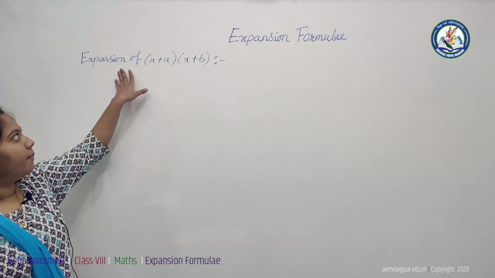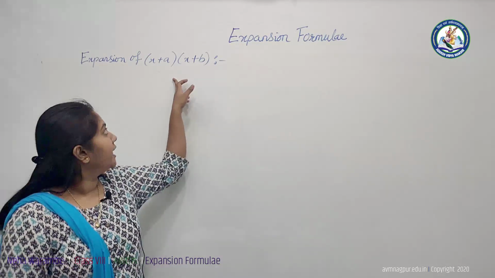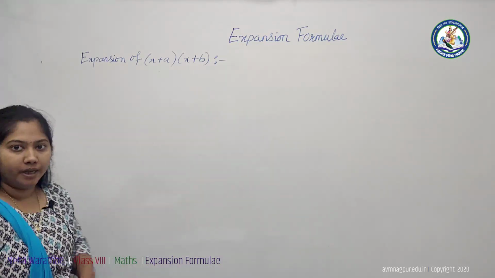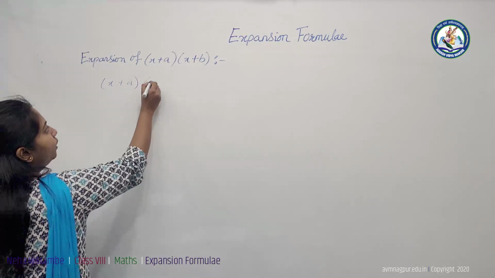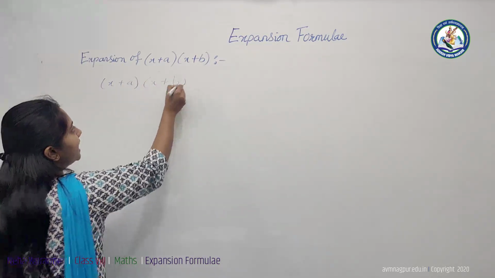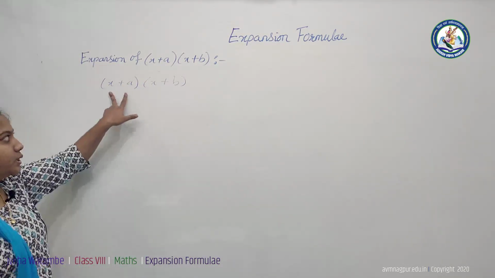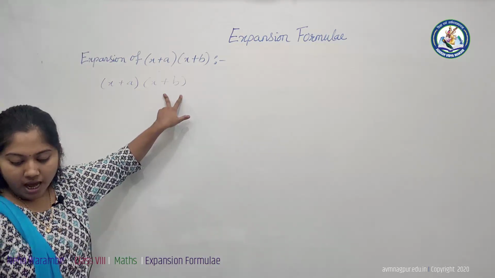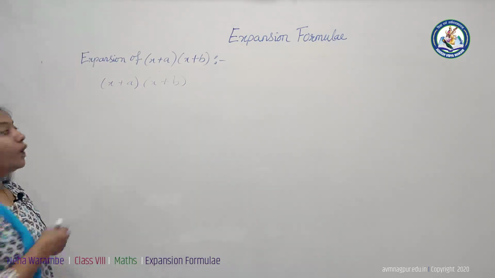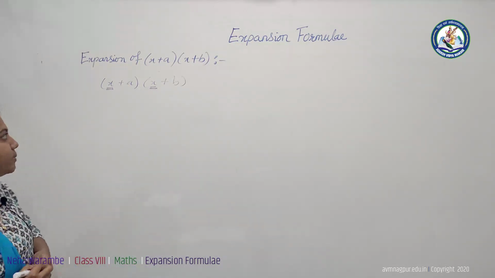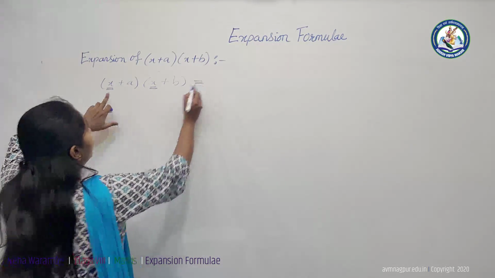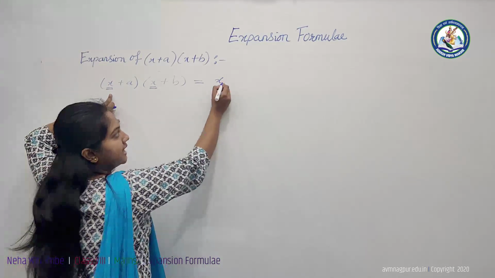Today we learned about expansion of (x + a)(x + b). These are binomial terms. x + a and x + b are binomial terms with one common term, that is x. Now how to expand this? Write the first term as it is. This is x.